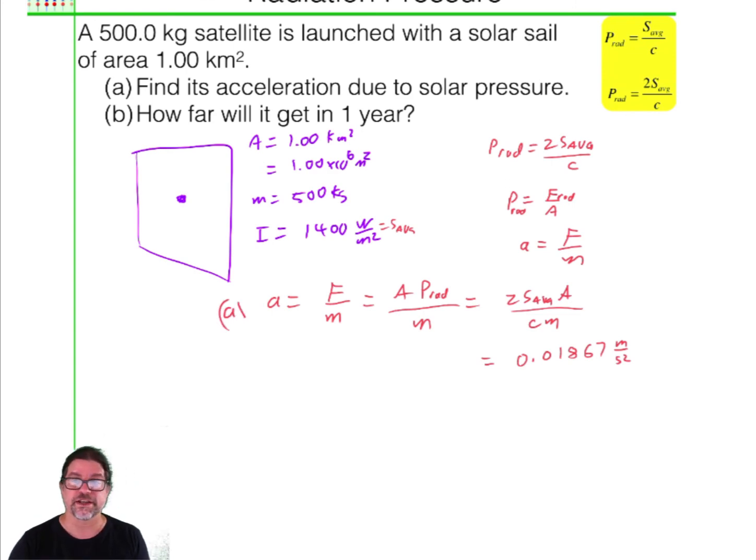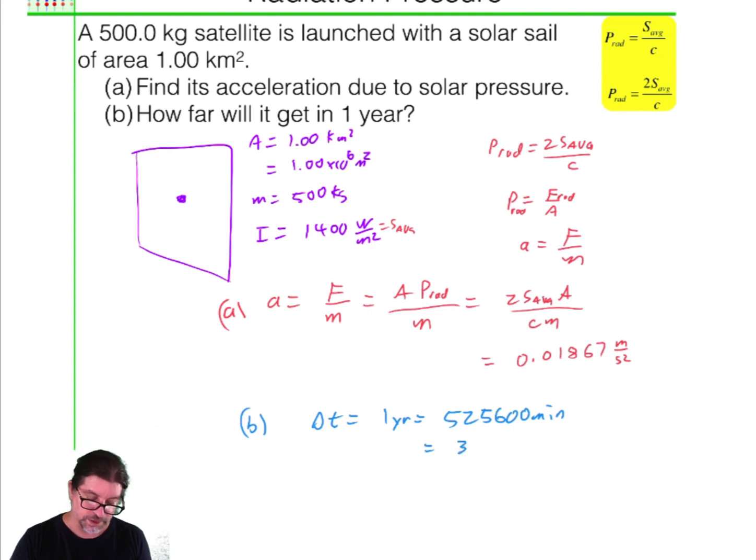Now, if I wanted to find how far it will get in a year due to this acceleration, well, delta t of 1 year is approximately 525,600 minutes. There's a song about that. And also in seconds, 3.154 times 10 to the 7 seconds.